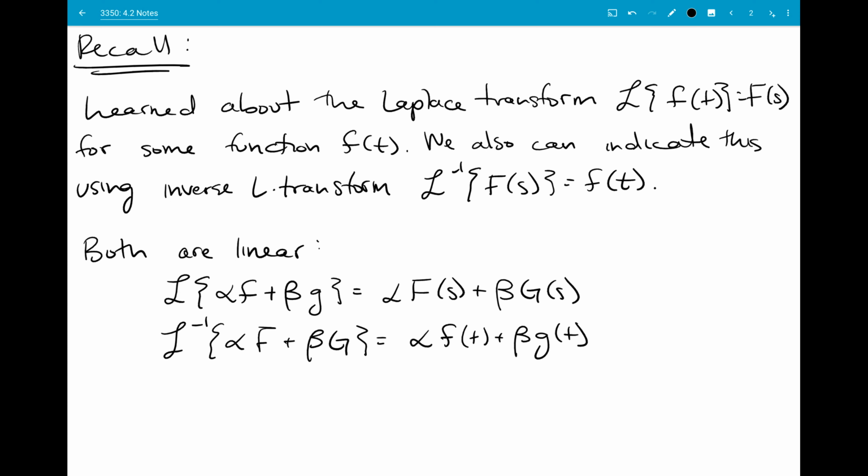And that linearity is going to be important a lot. So you should be comfortable using it in either direction because it'll come up often. And I think that the forward direction tends to be easier than the backward direction.